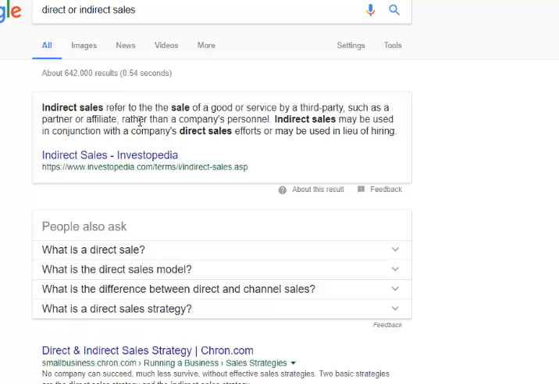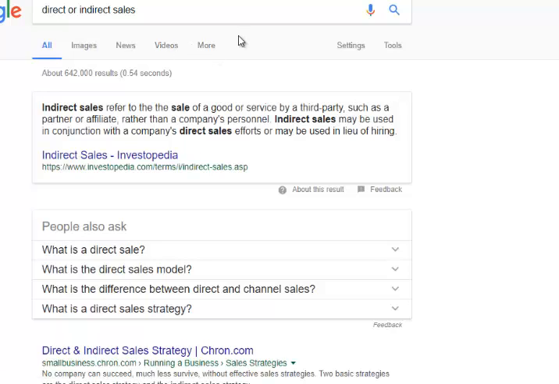You are recruiting someone else to sell your product, or a company that takes your name and franchise and sells your product, such as an affiliate or a partner, rather than the company's personnel. The indirect sale may be used in conjunction with the company's direct sales efforts.